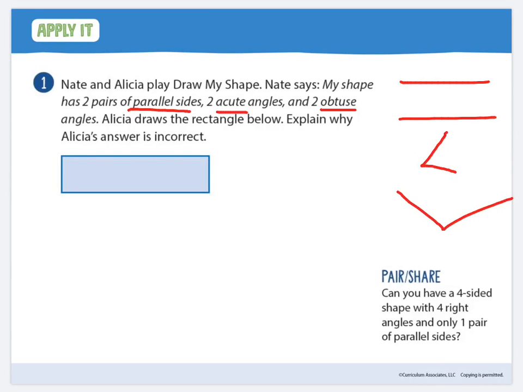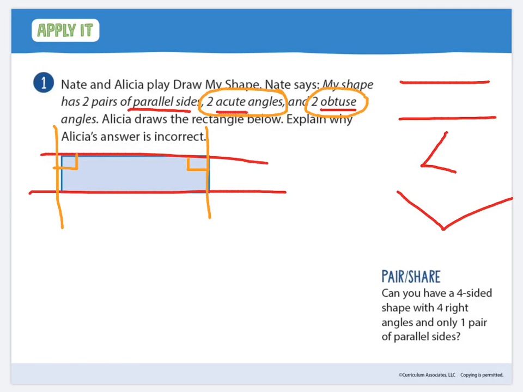Now our rectangle that Alicia drew has parallel sides here and parallel sides here. However, Nate said that his shape has two acute angles and two obtuse angles, and the rectangle that Alicia drew has all 90-degree angles.